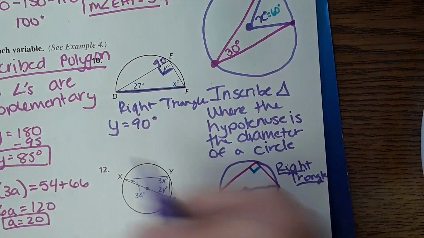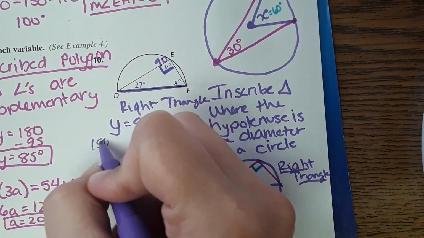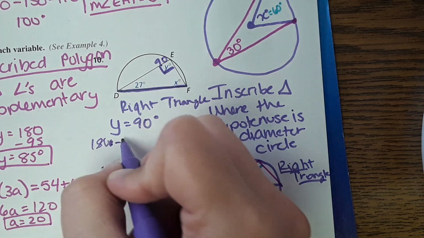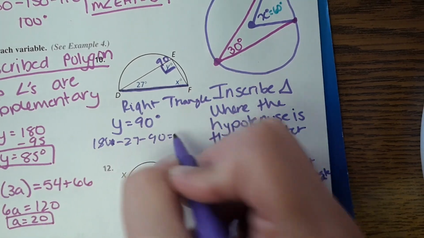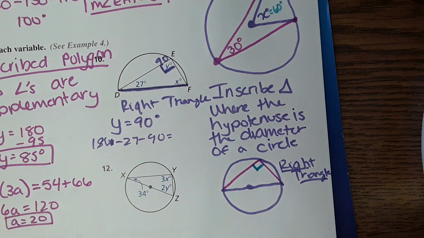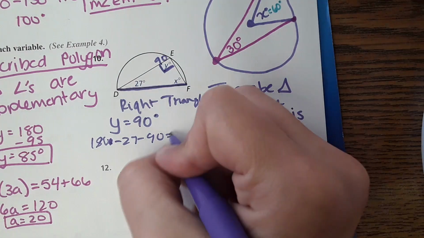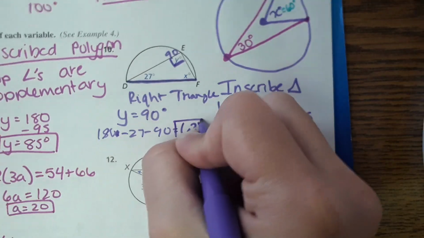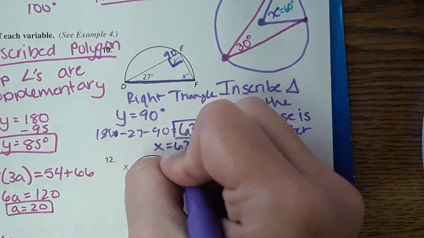And then from here you can find x, just 180 minus 27 minus 90 equals x. So that would be, I don't know, 180 minus 90 minus 27 is 63 degrees. X equals 63.